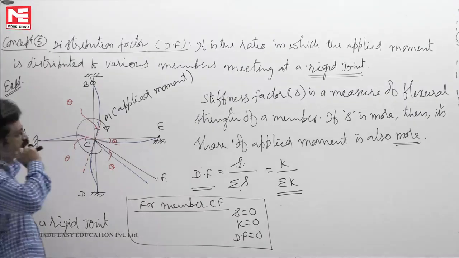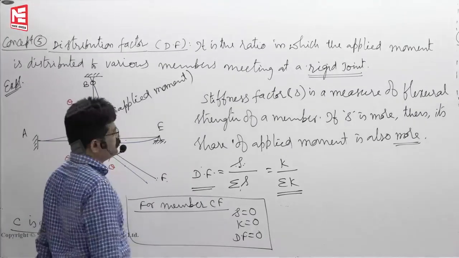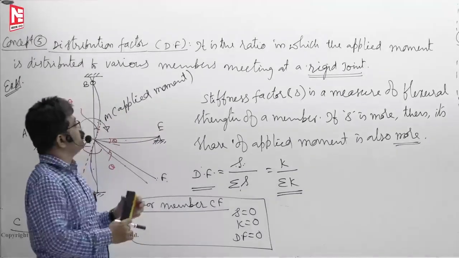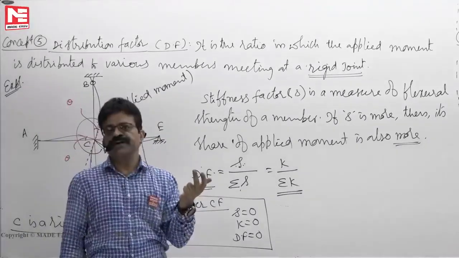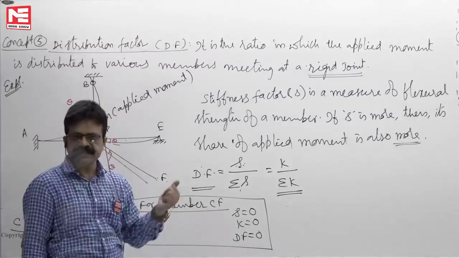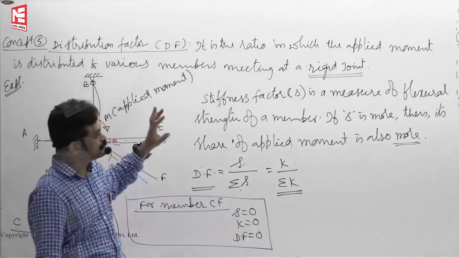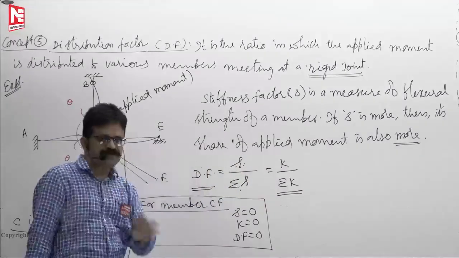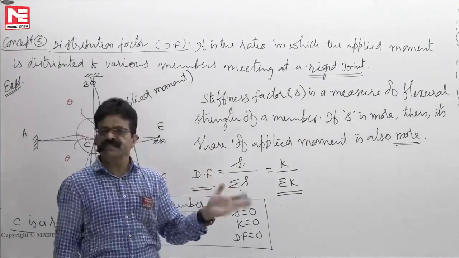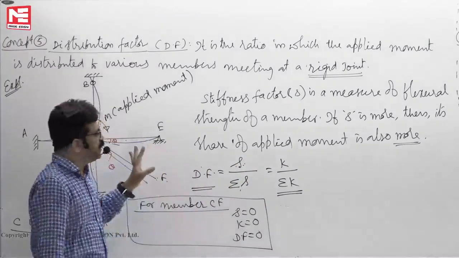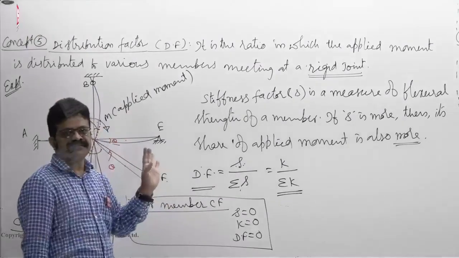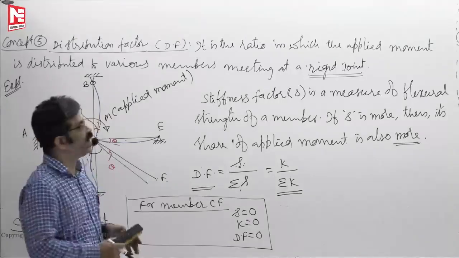Okay, now these are the 5 points: carryover moment, carryover factor, stiffness factor, relative stiffness, distribution factor. These are the 5 points on which most of the indeterminate structural analysis depends. So that's why every year one question compulsorily will come from these 5 concepts.